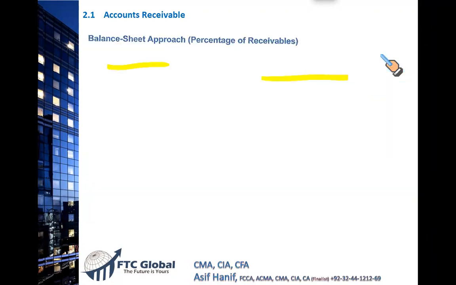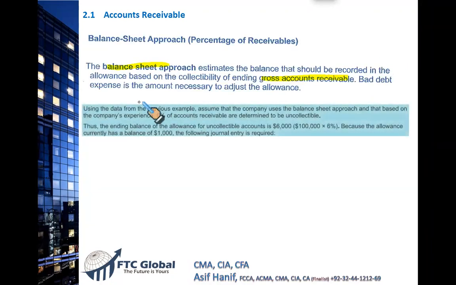Let's see what we do in the balance sheet approach. It says, using the data from the previous example where the gross receivables were $100,000, and assume that the company uses the balance sheet approach and that, based on the company's experience, 6% of account receivables are determined to be uncollectible.